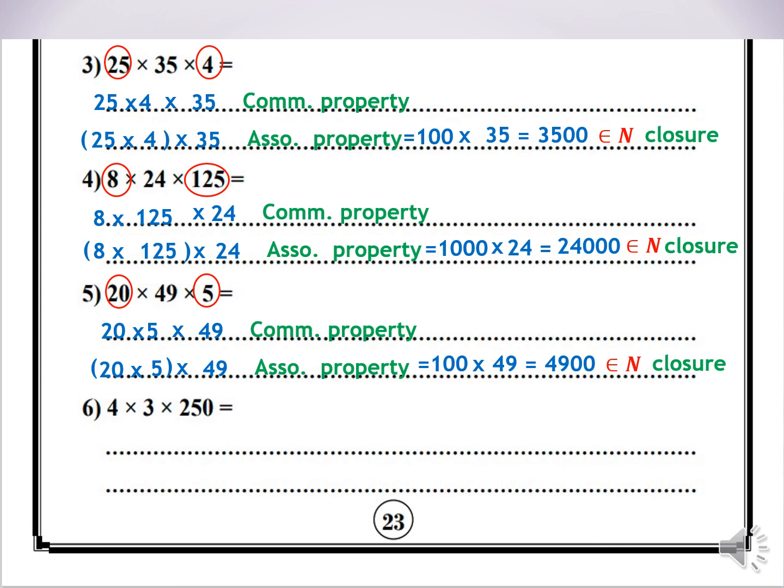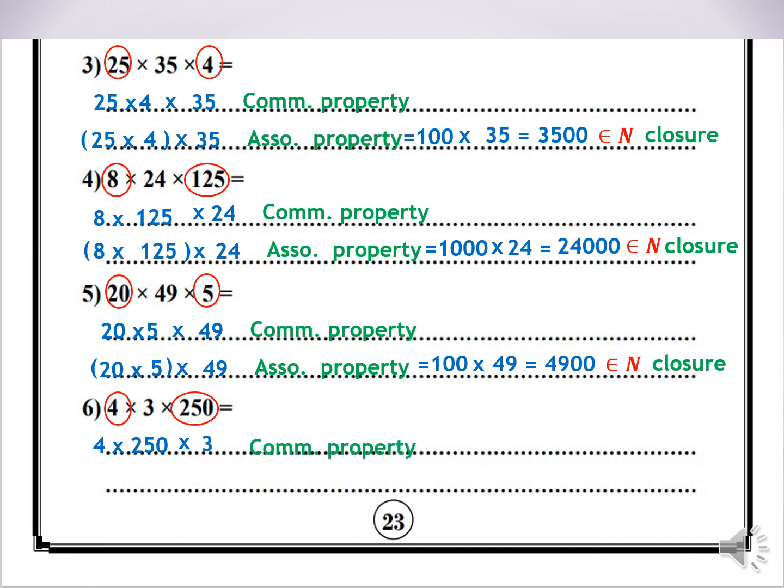Number 6, 4 times 3 times 250. I have 4 and 25 are friends, so 4 and 250 are also friends. I will write 4 times 250 and then multiply 3. So I just changed the places of the numbers.